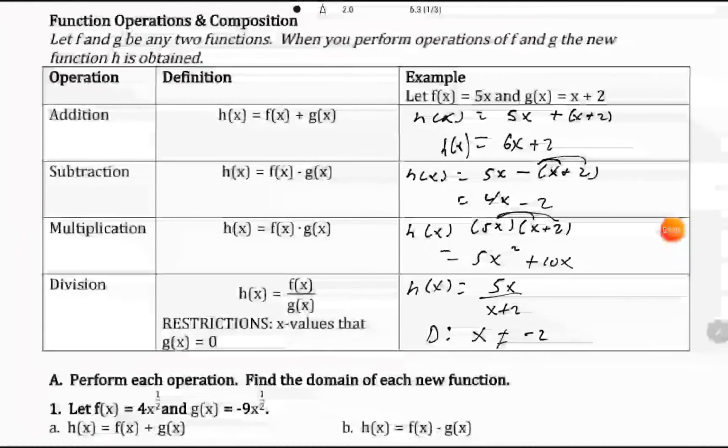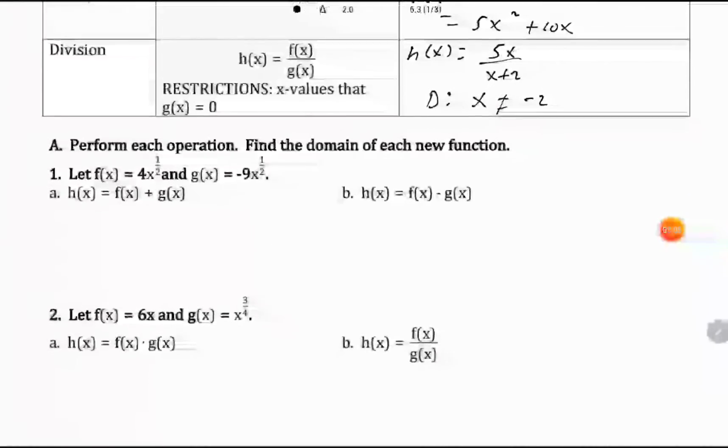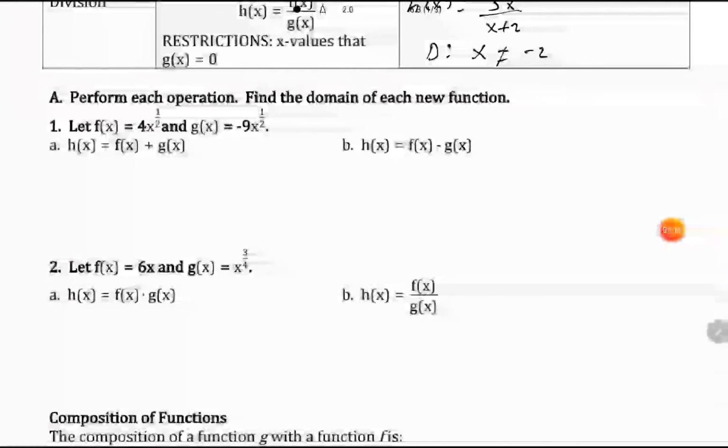Okay, let's move on. More examples, and he wants us to find the domain. Let f of x be 4x to the half, and g of x equals negative 9x to the half. We want to add them first in part A. That seems to be easy enough. 4 apples minus 9 apples.